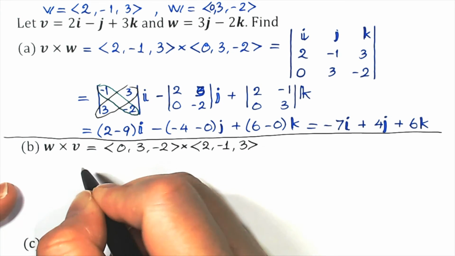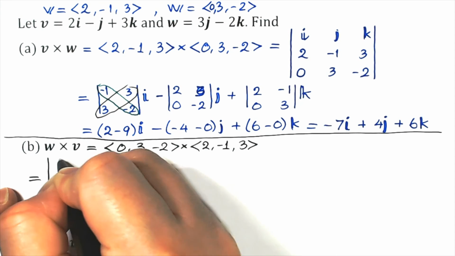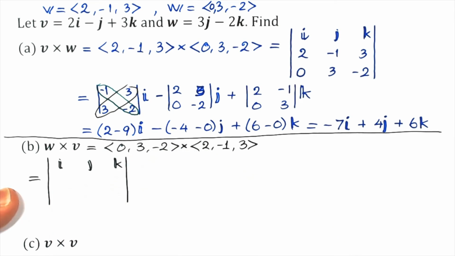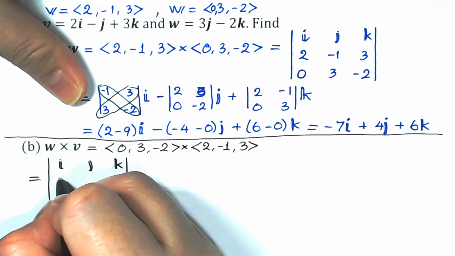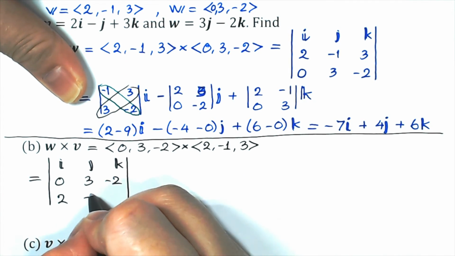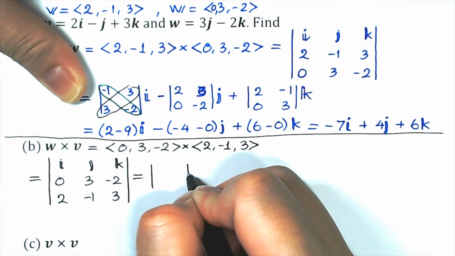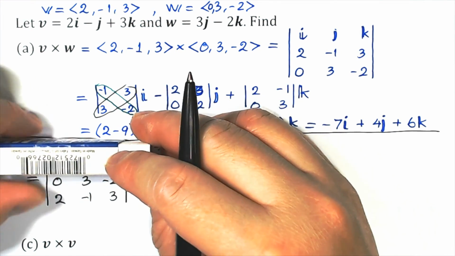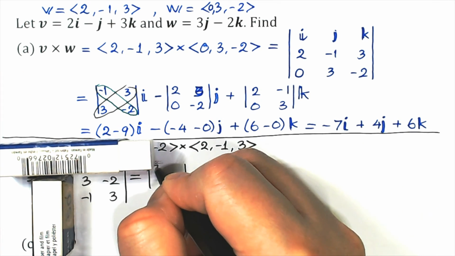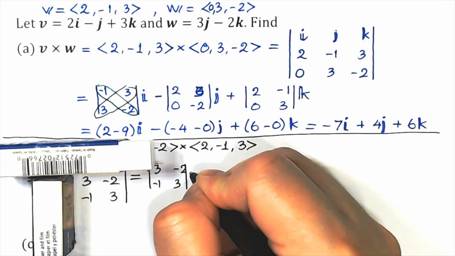So this is going to be equal to i, j, k on the first row, and then the first vector, second vector. Cover i, j, and k. Cover i, we have 3, negative 2, negative 1, and 3 for i.